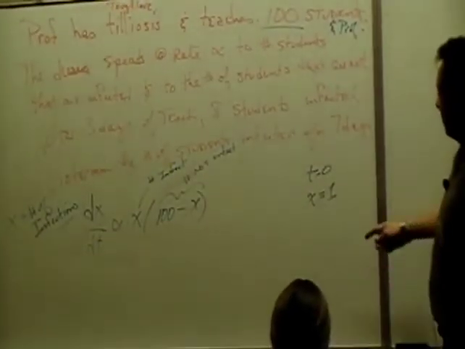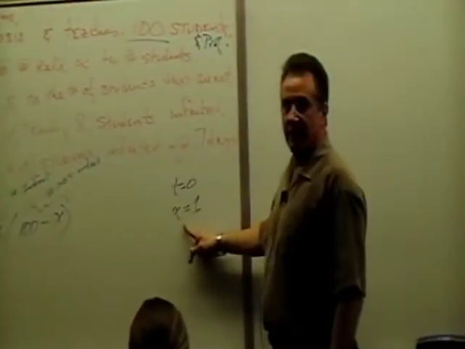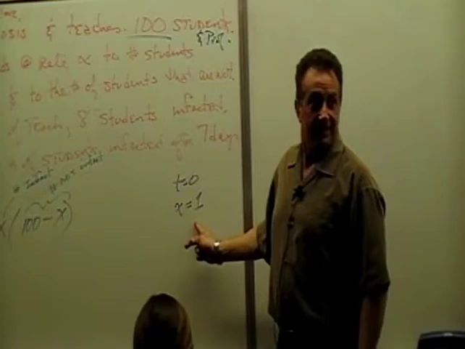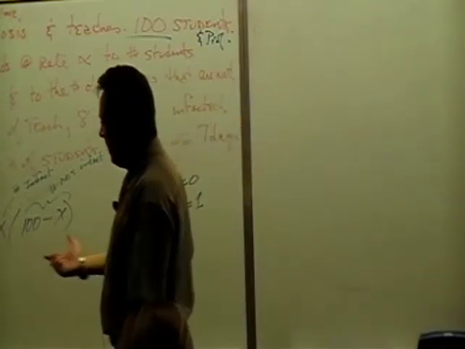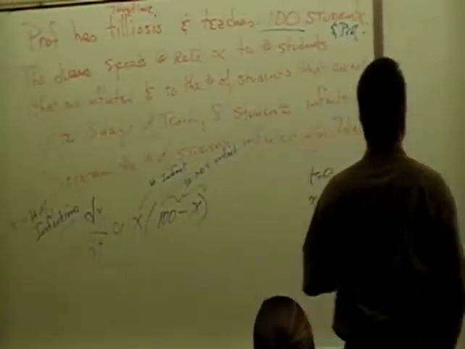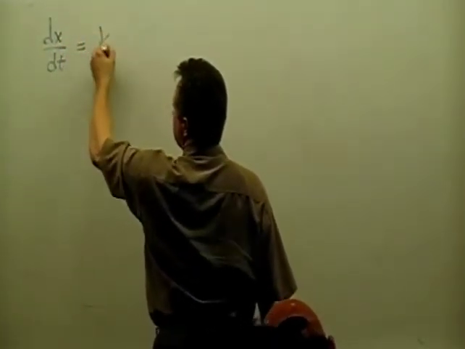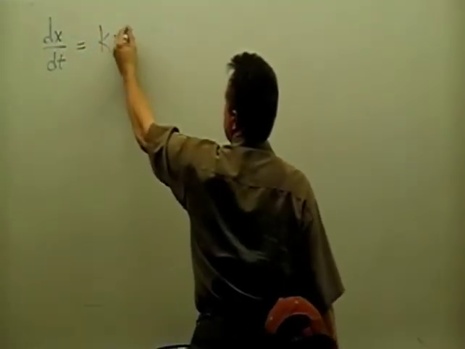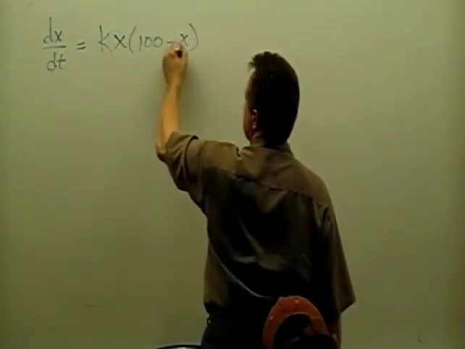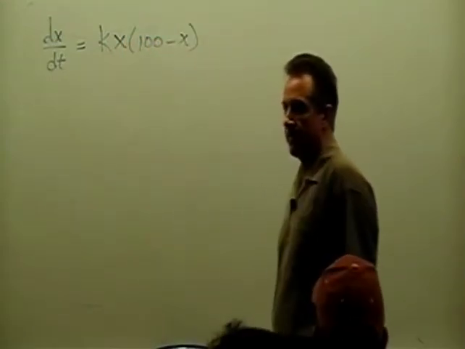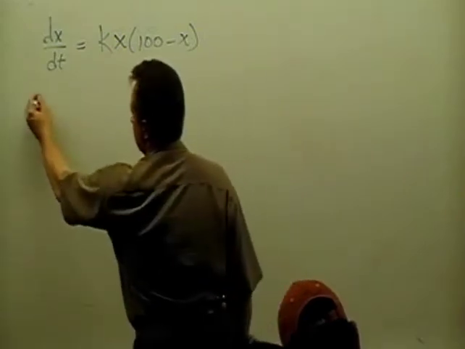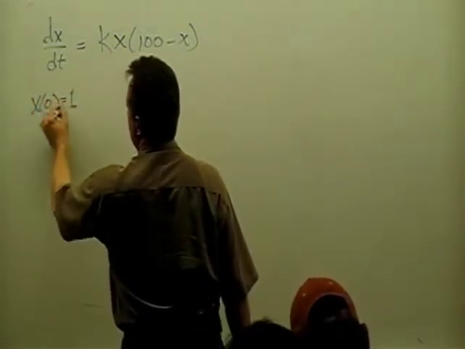Okay, so at time equaling 0, there's only one infection, right? That professor. Here's my differential equation: the rate of change of the infection with respect to time is equal to some constant of proportionality, k, times x times 100 minus x. And x of 0 equals 1.